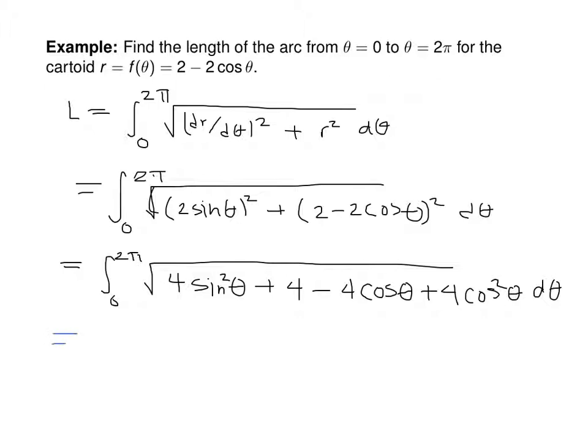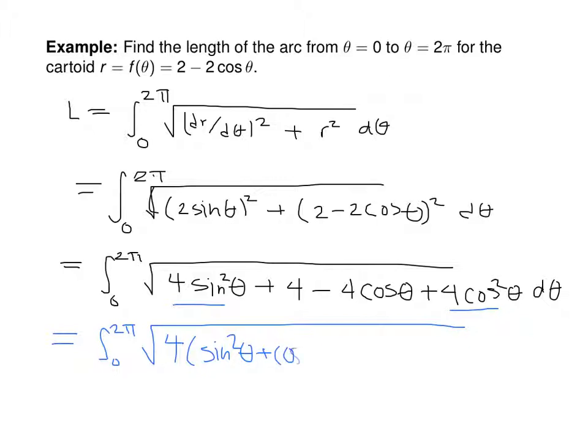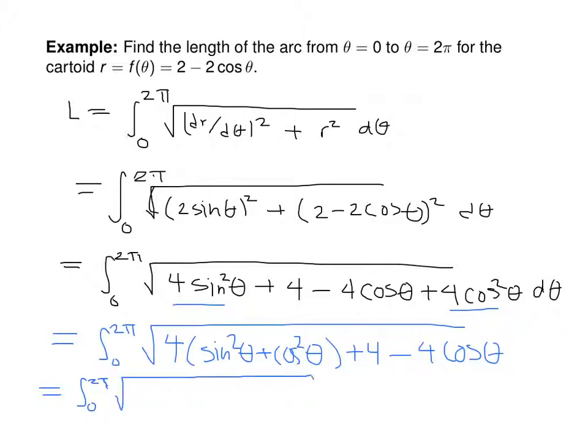And that will be from 0 to 2 pi. Combining this term and this term, we'll have 4 times sine squared theta plus cosine squared theta, plus 4 minus 4 cosine of theta. So that will be the integral from 0 to 2 pi of the root of 8 minus 4 cosine theta.